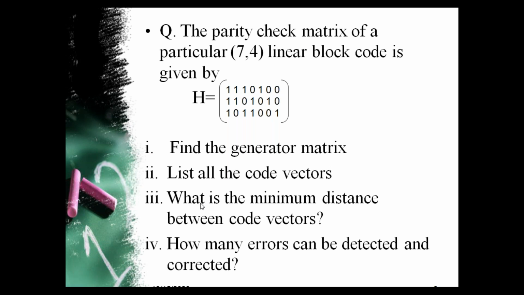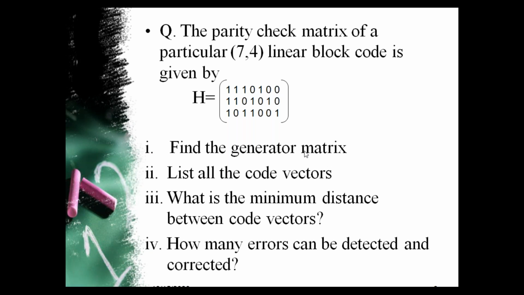And the third question is, what is the minimum distance between the code vectors? For that we will have to find the minimum distance. We know what is meant by minimum distance, d minimum: it is the smallest value of the Hamming distance. Hamming distance is in how many bit positions two valid code words differ. The minimum value of all the Hamming distances is the minimum distance, and we can easily determine the minimum distance of the code by taking the weight of the code.